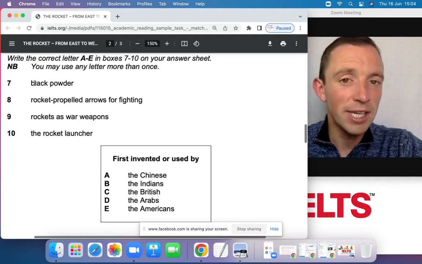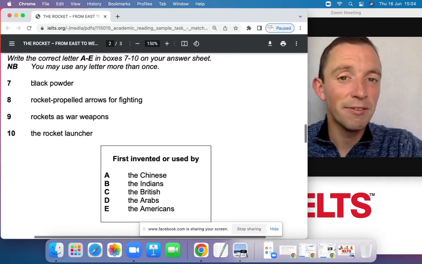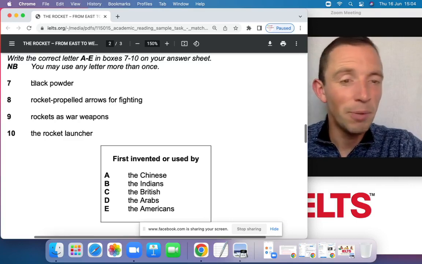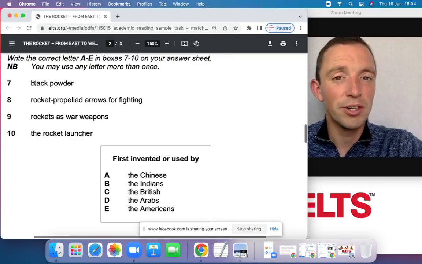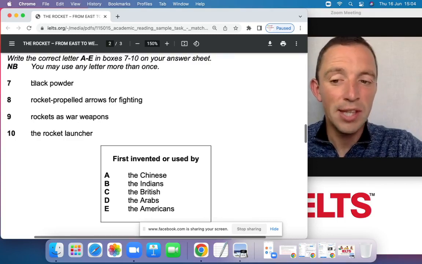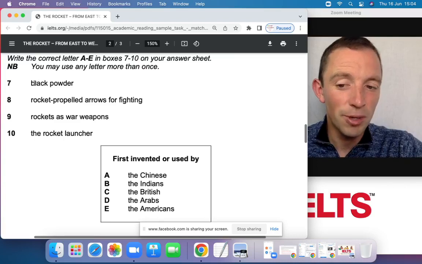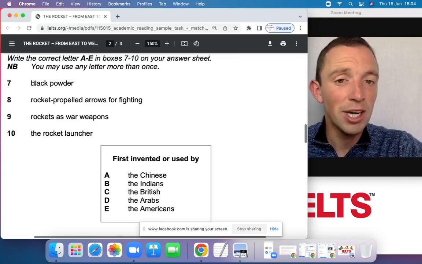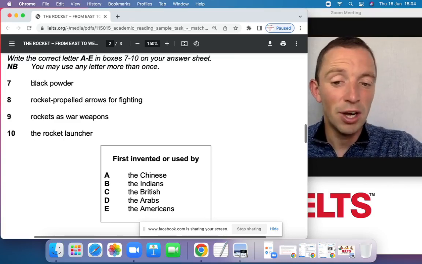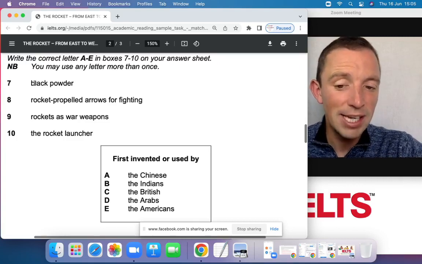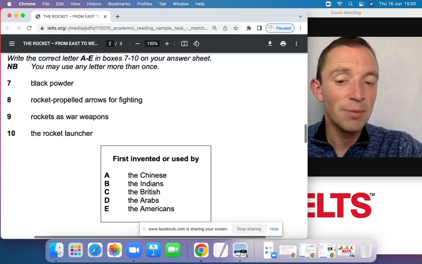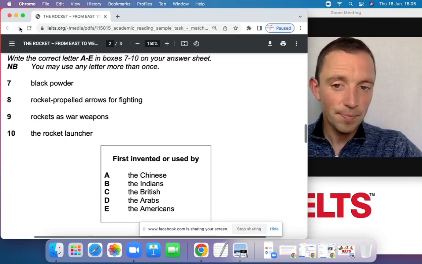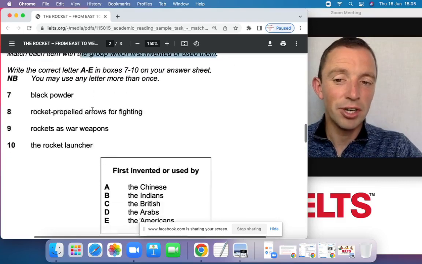Rocket-propelled arrows for fighting. Who was the first group to use or invent rocket-propelled arrows for fighting? Rockets as war weapons. Who was the first group to invent or to use them? And finally, the rocket launcher. Who was the first group to use or invent the rocket launcher? You have the option A for Chinese, B for Indians, C for British, D for Arabs, or E for the Americans. Okay, so very interesting for sure.